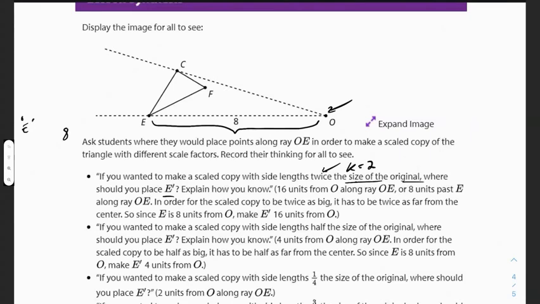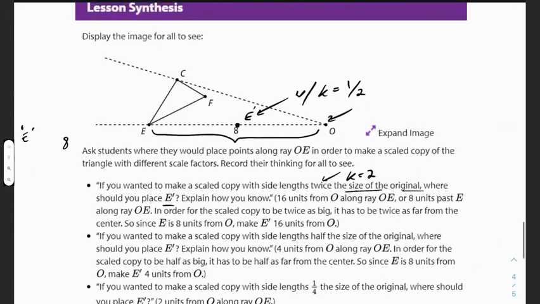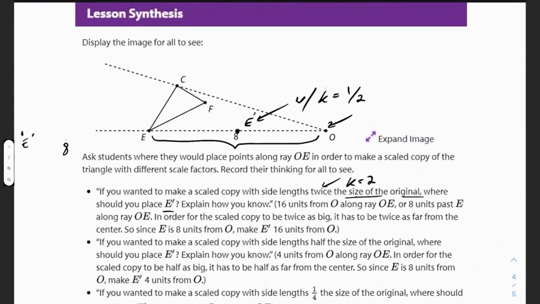All right. Now, what if it's half? Then what's half of 8? It's 4, right? So that would be applying a scale factor of half. So remember with dilations, your distance can get smaller or your distance can get much larger depending on what your scale factor is.